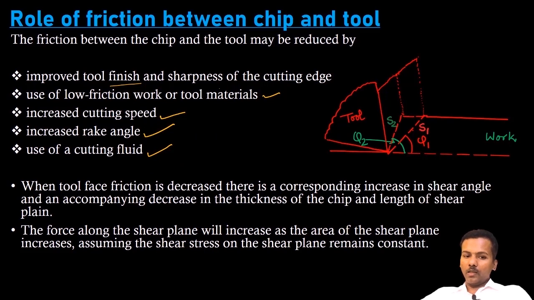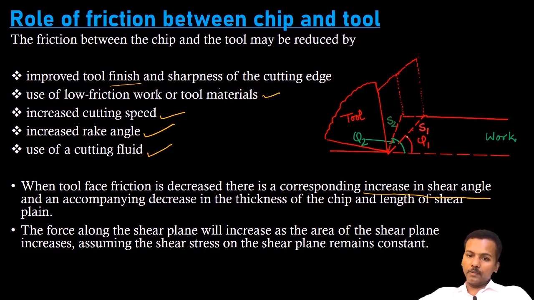Now the tool face friction is decreased. When the tool friction is decreased, there is a corresponding increase in the shear angle. This is the point. There is a corresponding increase in the shear angle. And what happens when there is an increase in the shear angle? Let's start here.